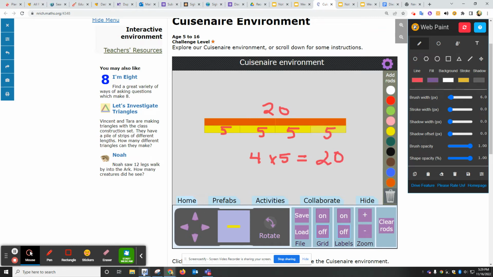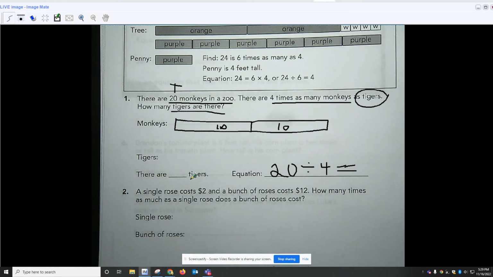And then when I go back here to my packet, I can write 1, 2, 3, 4. This is the tigers. I'm going to put an arrow right here to tigers. This would be 5.